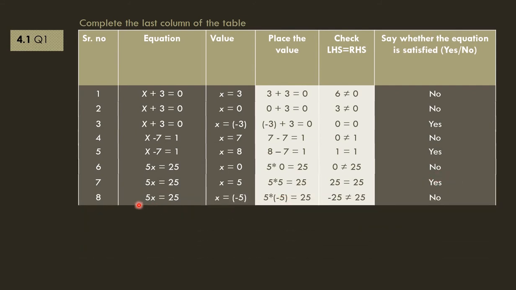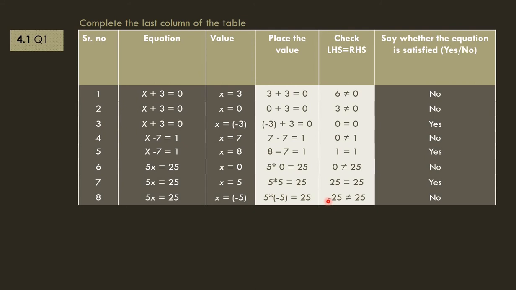Now the next equation is 5x is equal to 25 but the value is different, that is minus 5. Let's put this minus 5 into the equation. But while writing a negative number, always write it in brackets. So LHS will become 5 into bracket minus 5. 5 into 5 is 25. But don't forget to write the minus sign in the answer.